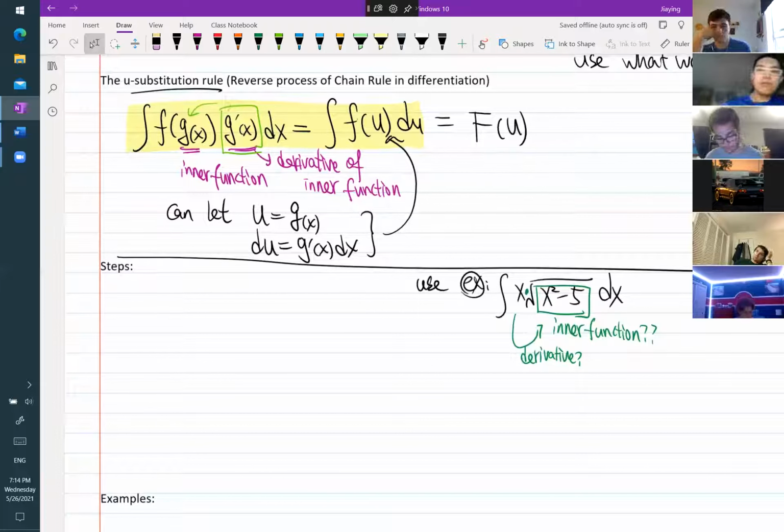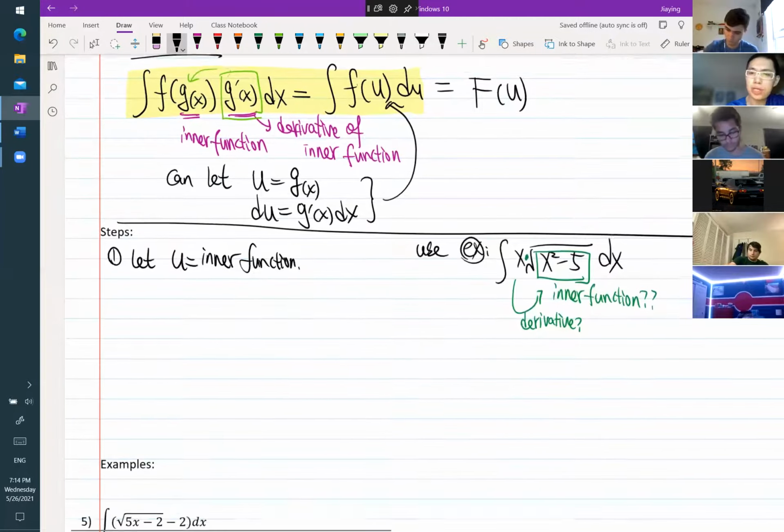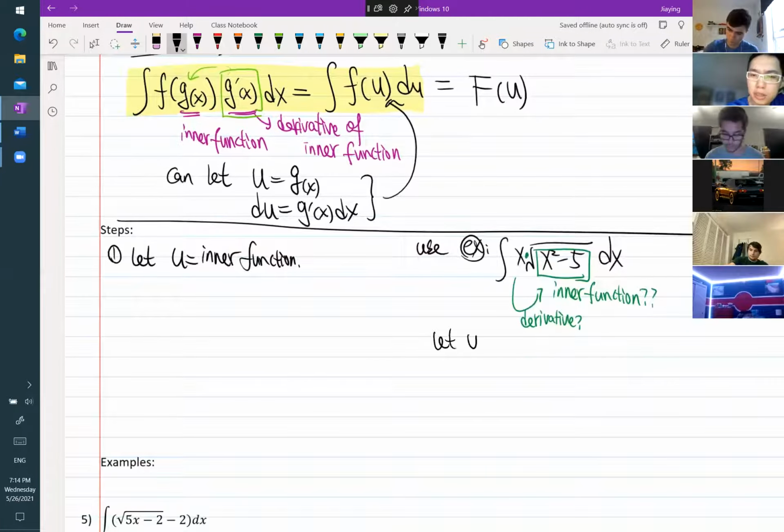So what do we do? Step one, we're going to let u equal the inner function. So here, I'm going to let u equal x squared minus 5. And then I'm going to say du, take the derivative on both sides.